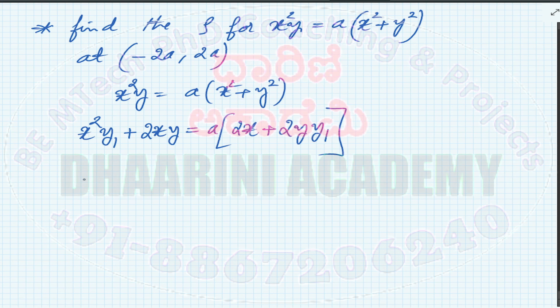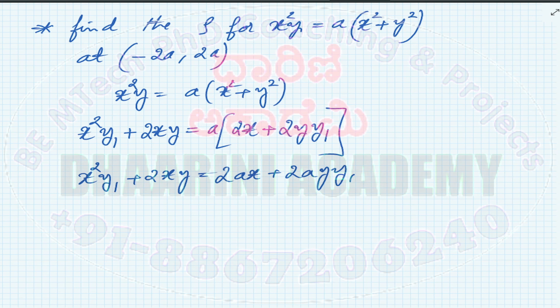Let us expand this term now. Left hand side is still as it is, x square y1 plus 2xy is equal to 2ax plus 2ay into y1. Our intention here is to calculate the value of y1 only.